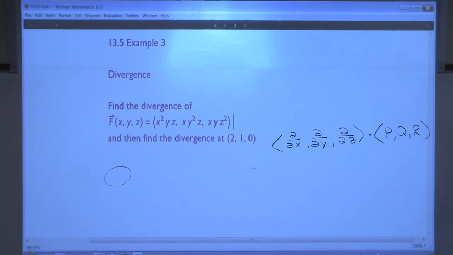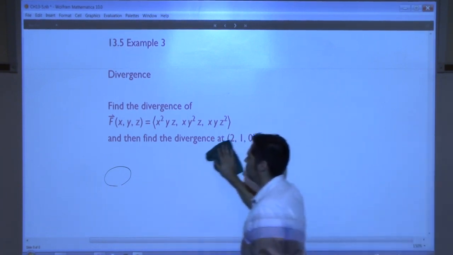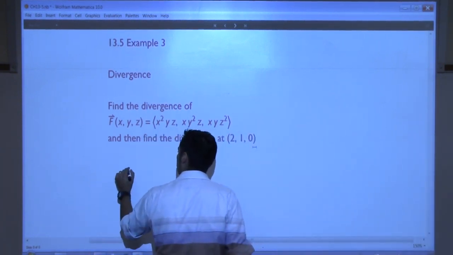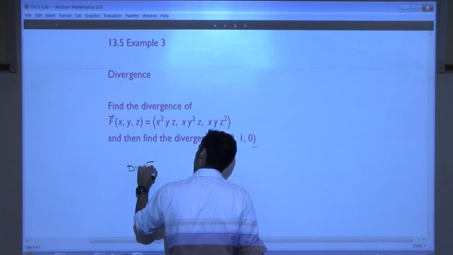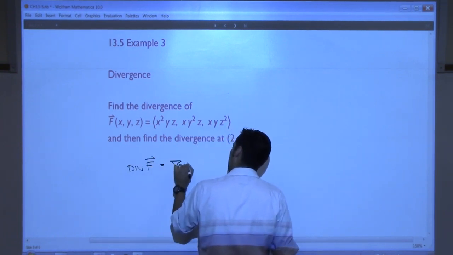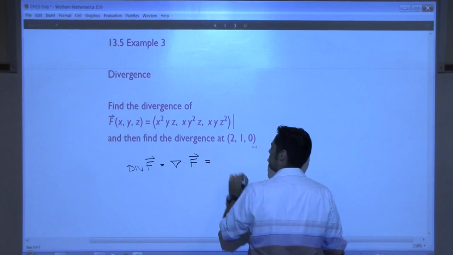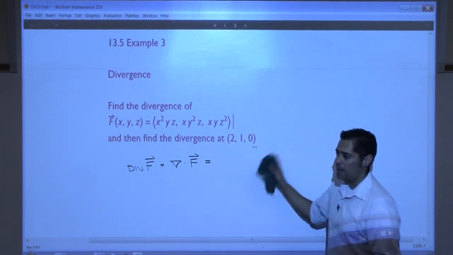That's the problem we had earlier, where we were asked to find the curl and the magnitude of the curl. Remember that one? That took us a little bit. Let's do div. Div f is del dot f, which is, I'm just going to do this without writing the formula.